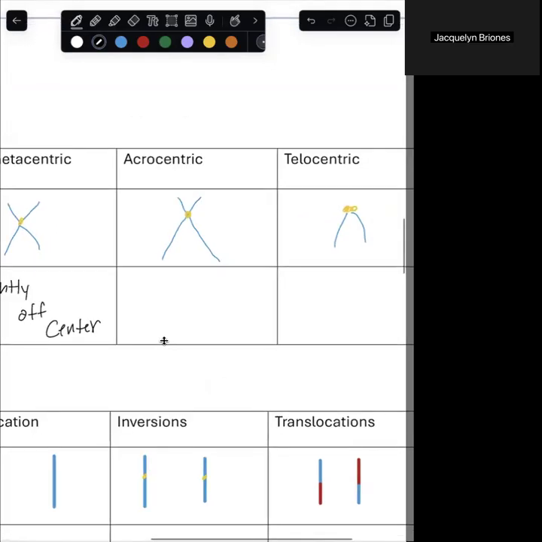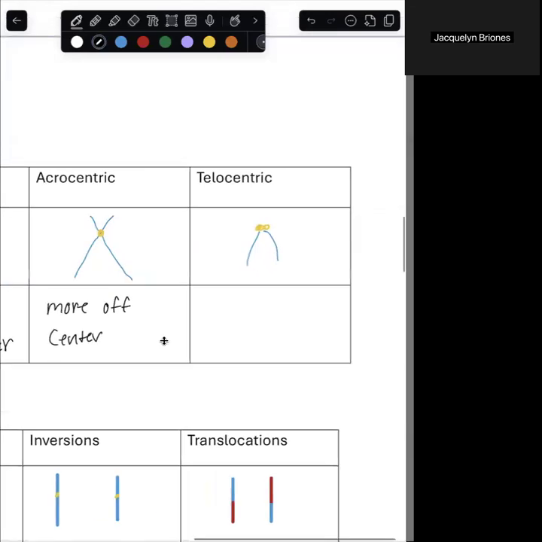And then we have acrocentric, which is more off center. And then we have telecentric, which means the centromere is at the end.